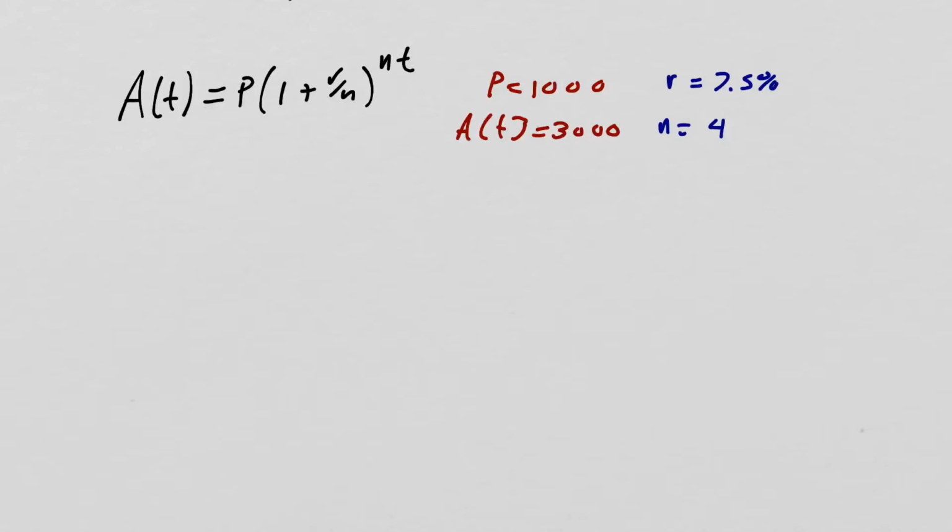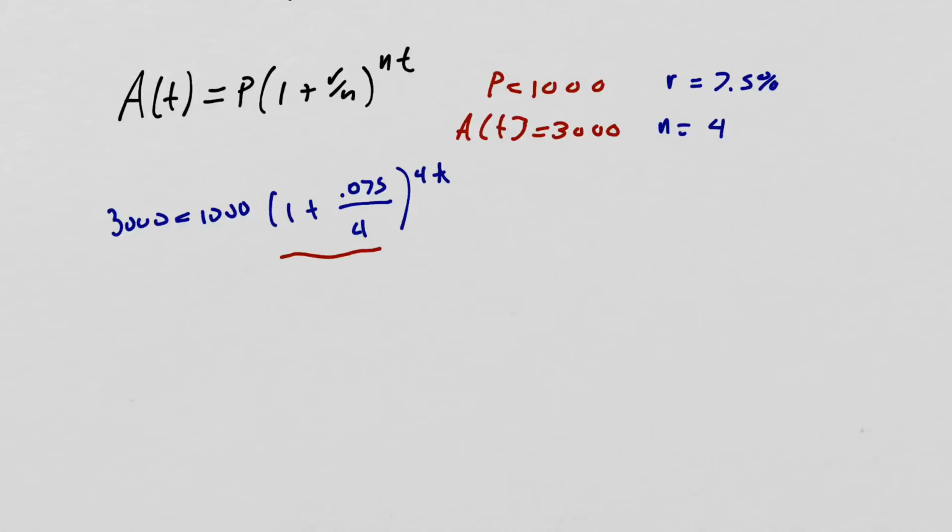Plugging in, we get 3,000 is equal to 1,000 times (1 plus 0.075 divided by 4) raised to the 4 times t. Let's simplify the base of this exponent.